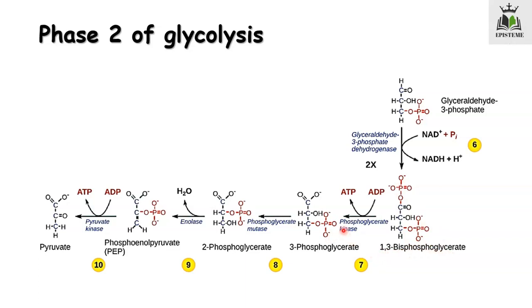Next we have phosphoglycerate kinase, again a kinase enzyme. Here ADP, that is adenosine diphosphate, is converted to adenosine triphosphate.